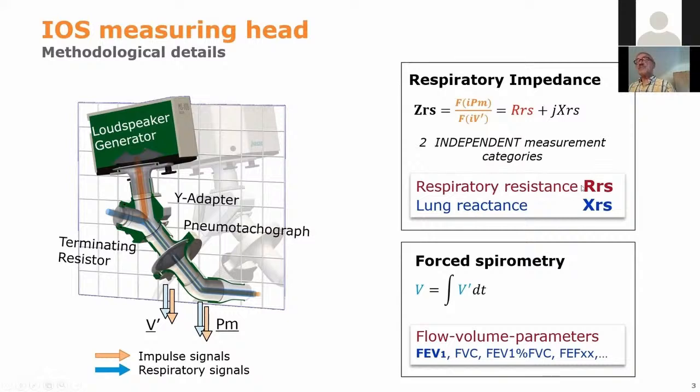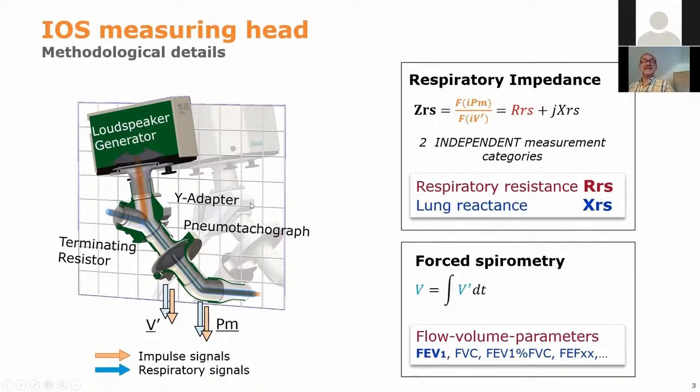There are two main parameters which are determined. This is respiratory resistance and so-called lung reactance, which is an expression of the peripheral lung. And of course, this system is designed to allow complete spirometry, slow spirometry or forced spirometry on the latest standards.